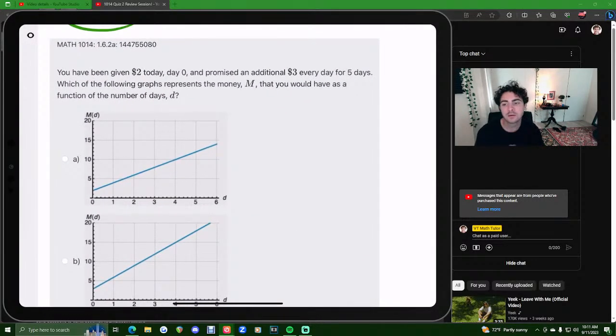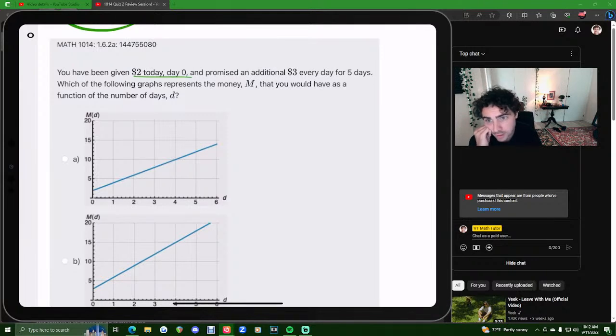They say you have been given $2 today, day 0, and promised an additional $3 every day for 5 days. Which of the following graphs represents the money you would have as a function of number of days d? Okay, so you're starting with $2 at day 0. That means at day 0, at x equals 0, or d equals 0, your y value should be 2.